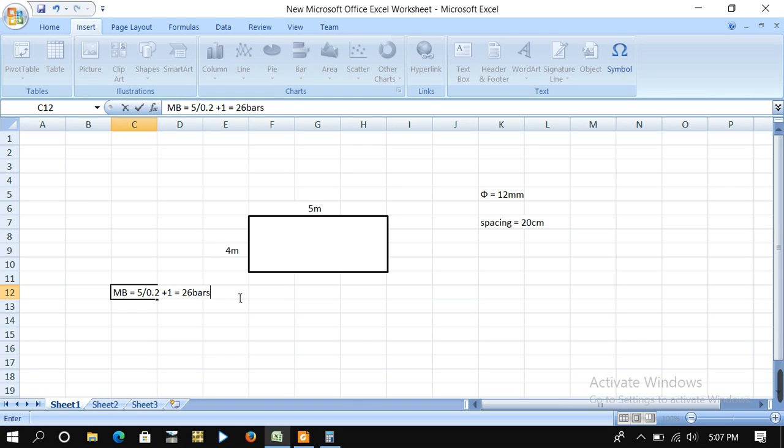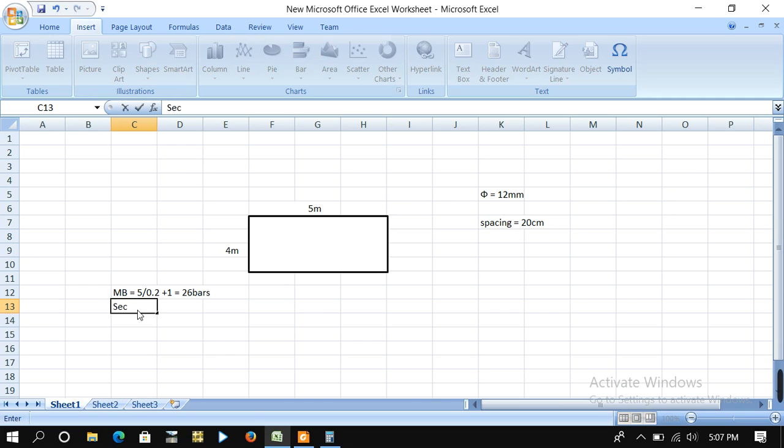Now we should calculate the amount of reinforcement, or bars, in the longer direction, the secondary bars.